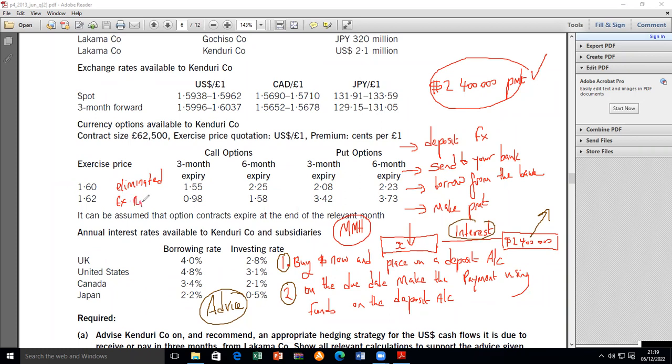That's how you kill the risk. So the risk is eliminated by you transacting when? Today. The payment is very easy to explain. Just buy your currency today, put in an account so that it can grow.